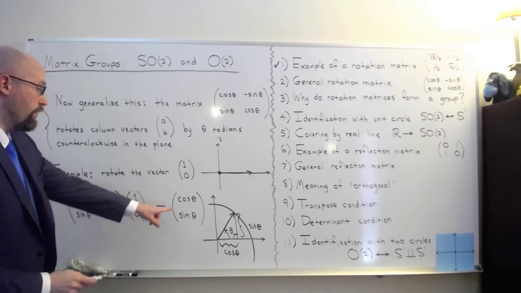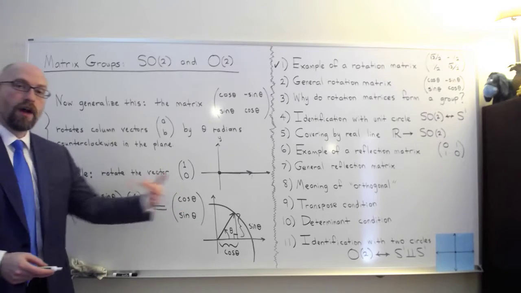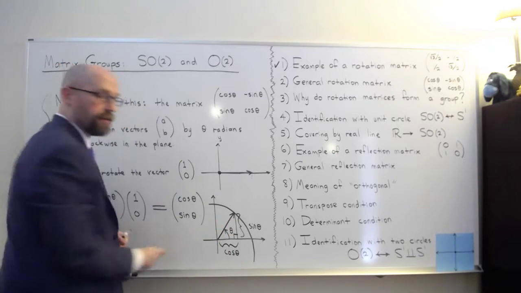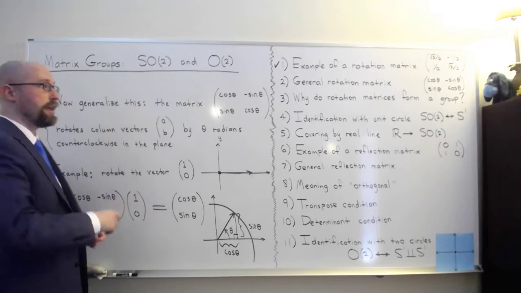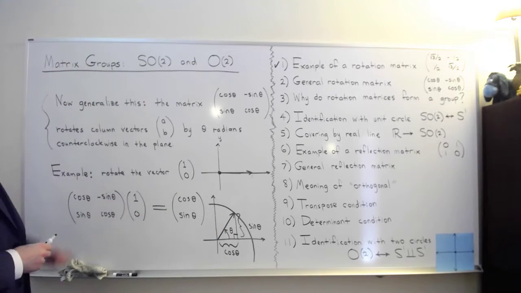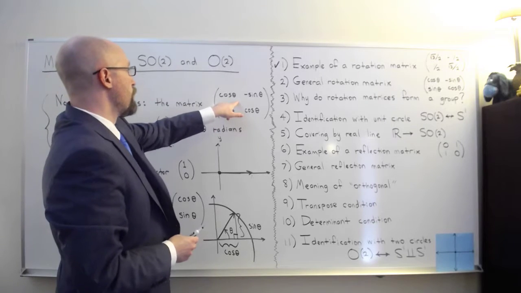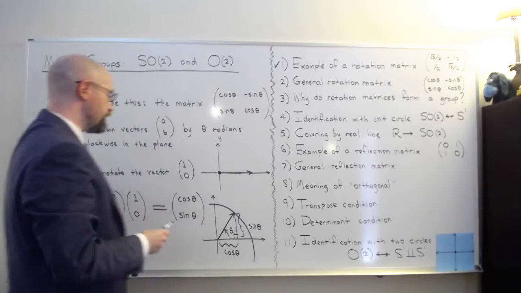And that's exactly the vector you got. So you know it's doing the right thing, even if you don't know exactly what theta is. So this is the general form of the rotation matrix.